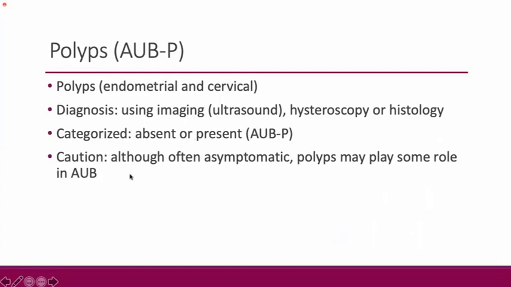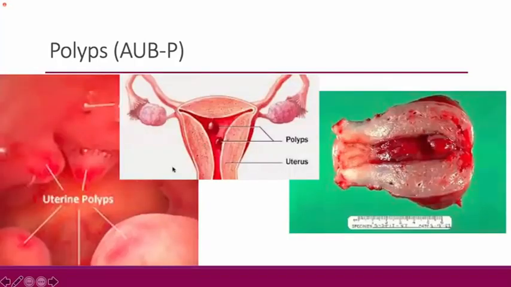Although often they can be asymptomatic, usually polyps are just there. So just because somebody is having heavy menstrual bleeding, you do an ultrasound scan and find a polyp, it may not be the cause. That's why we say AUB-P plus or 0. Plus means polyp positive, 0 means polyp negative. We have a nomenclature, we'll come to that.